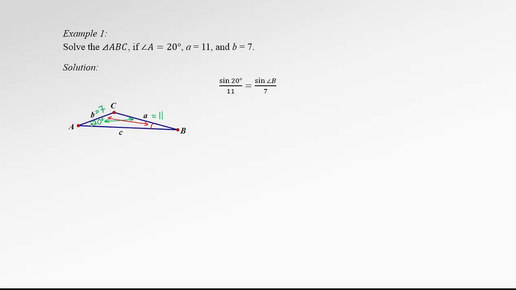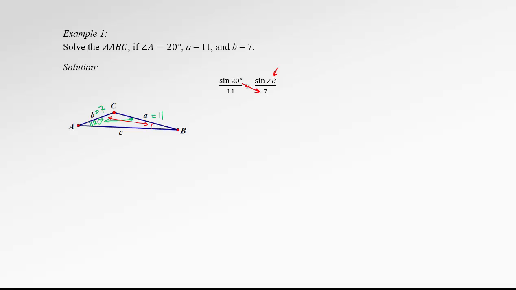Sine of 20 degrees, that's this one, over 11 is the same as sine of B over 7. As we see in this proportion, only angle B is unknown, so we have one unknown, we're able to solve for it.